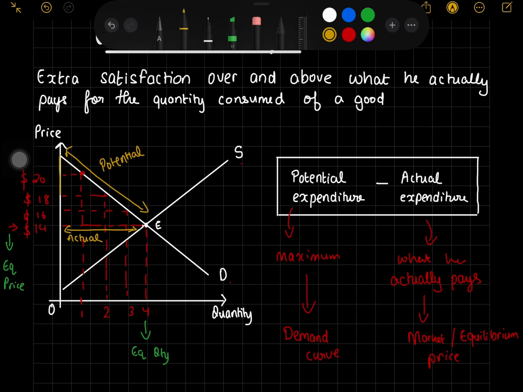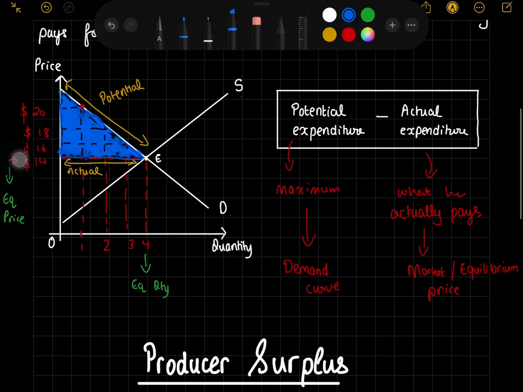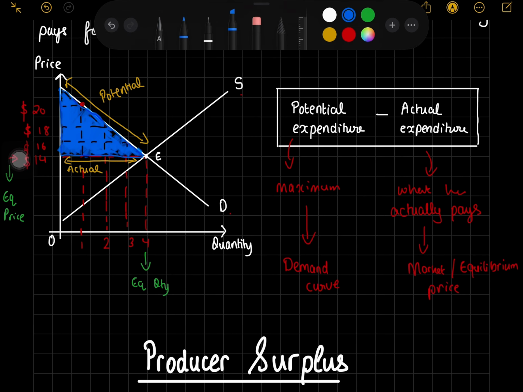It's of course going to be this. Let me shade this as well. So this area is our consumer surplus. All right. I hope this is clear.